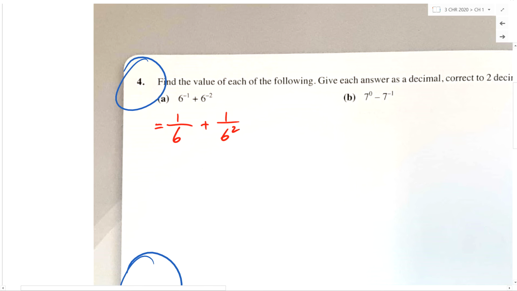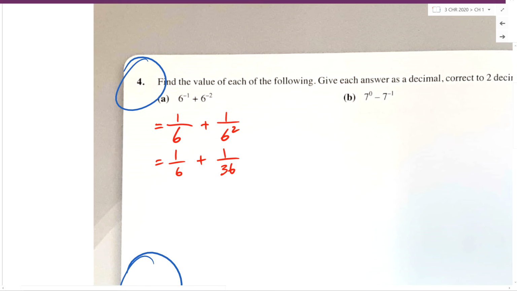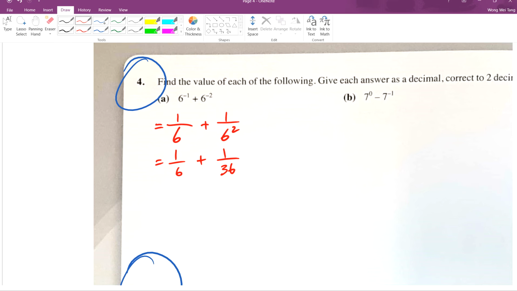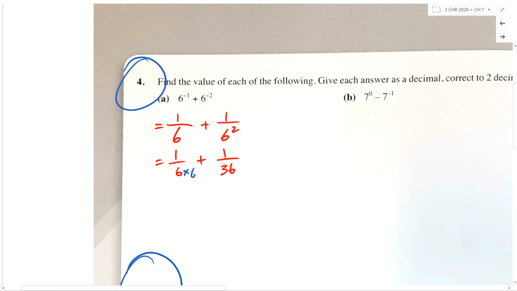What's the lowest common multiple of 6 and 36? 36. So here I will show you a few more steps. Plus 1 over 36. Because I want to make the denominator the same, multiply by 6 here. So I have 6 over 36 plus 1 over 36.